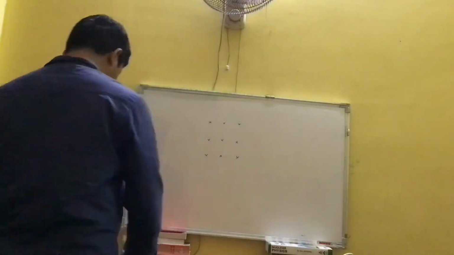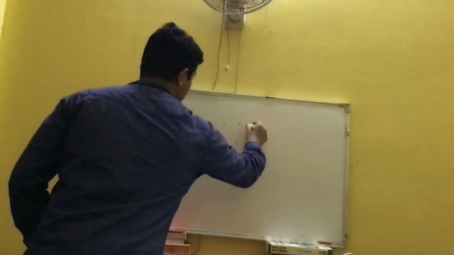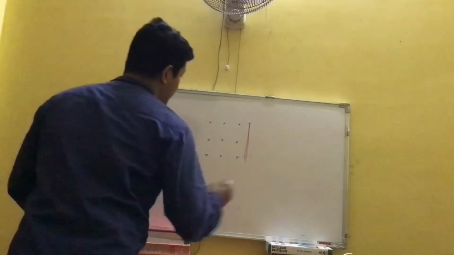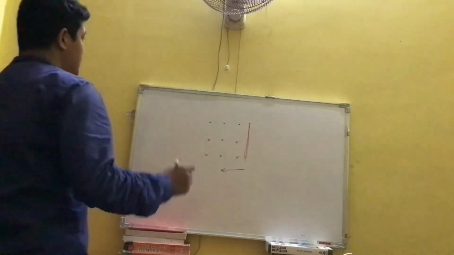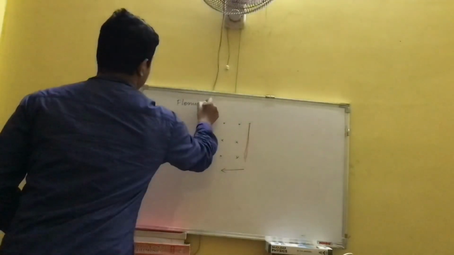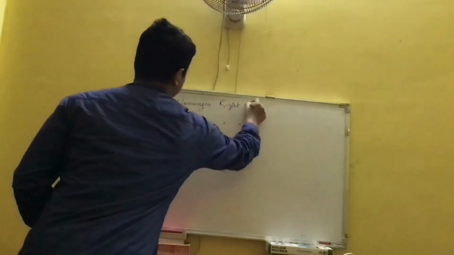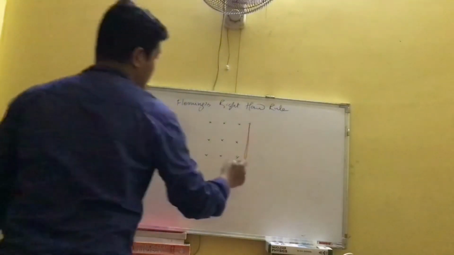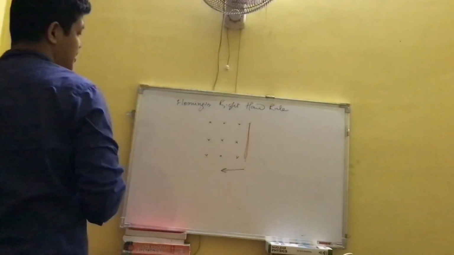Now, suppose this is a conductor, and it is moved in this direction. So what we are discussing is Fleming's right-hand rule. This is the conductor, moving in this direction.